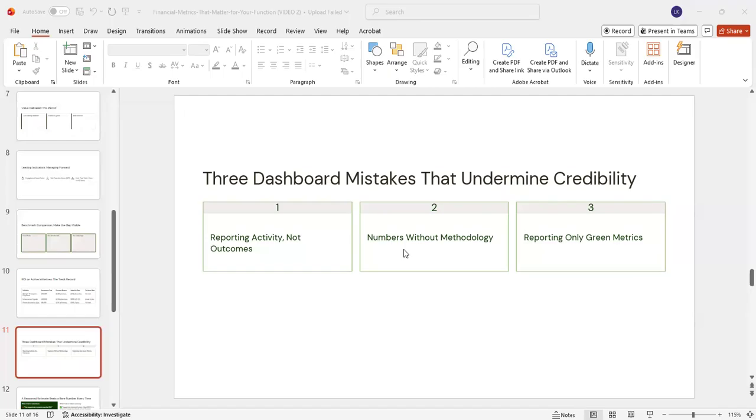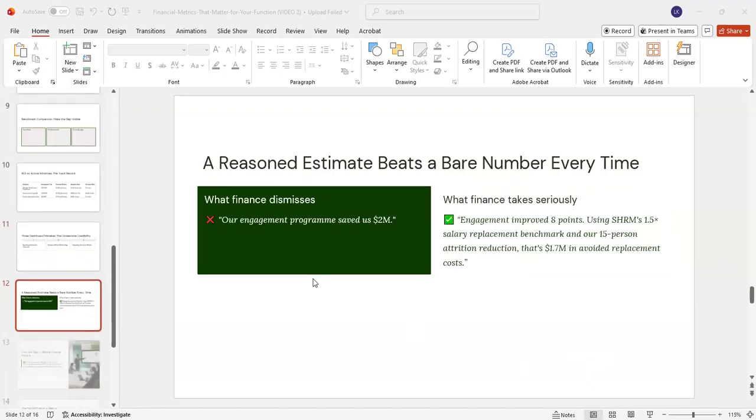And so you're better off saying attrition is at 18% versus the 12% that we expected, leading to a $1.7 million exposure. Here is our remediation plan and timeline. Okay? That's a much better way to handle it than to avoid reporting it altogether.